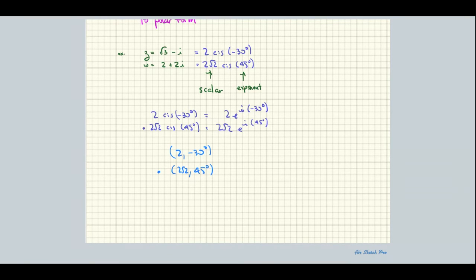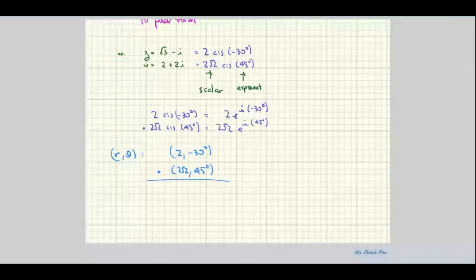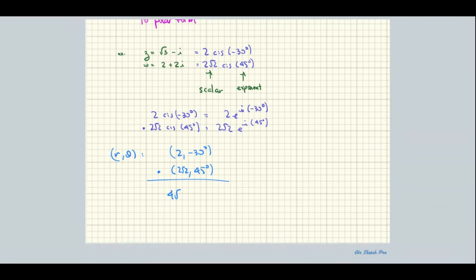And now I'm taking it all the way back to r theta form. To do this, we're going to multiply the scalars, and then we're going to add the exponents.